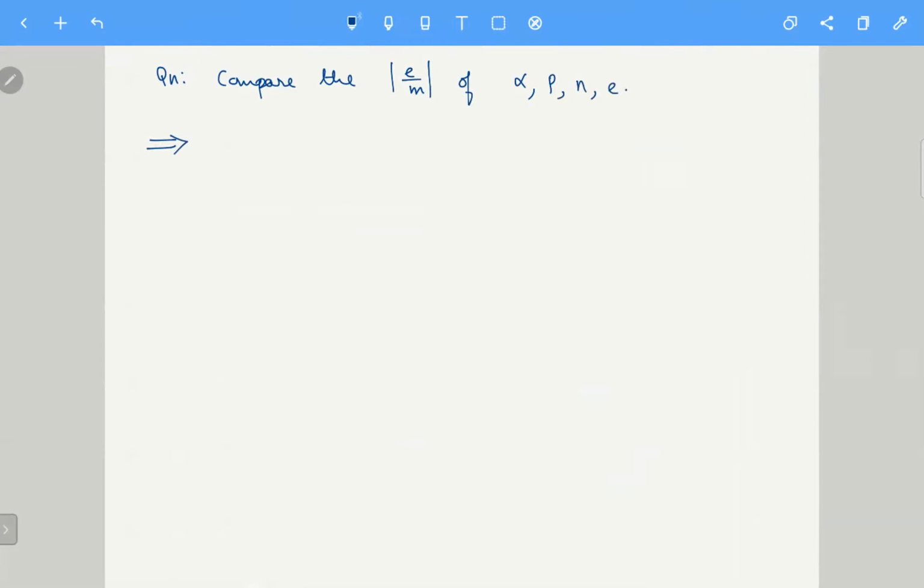Arrange them in increasing order. Okay, try it once.